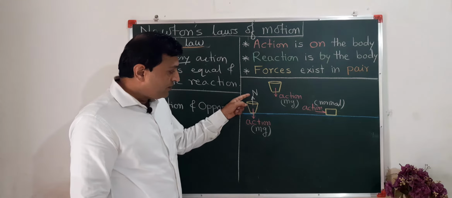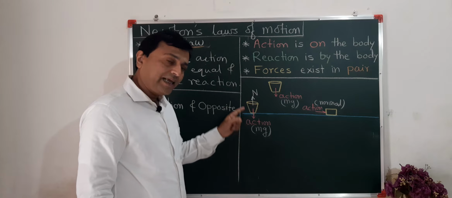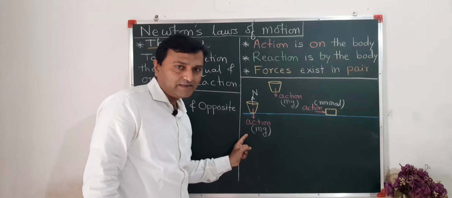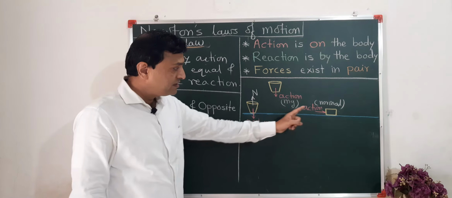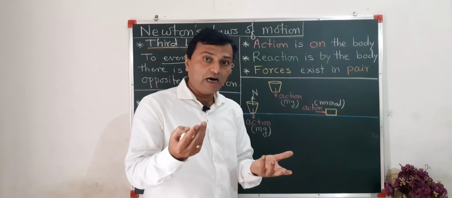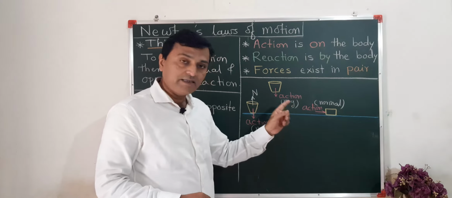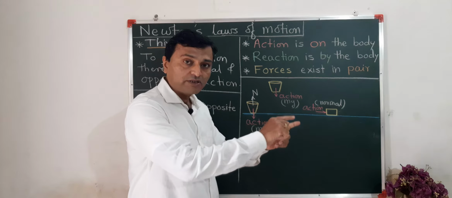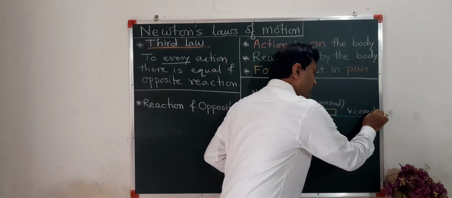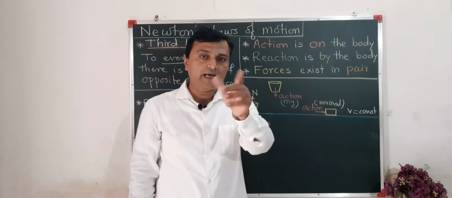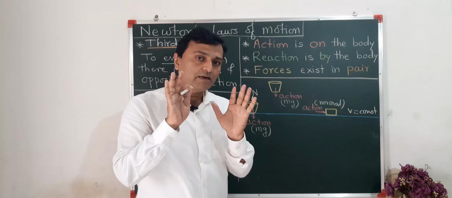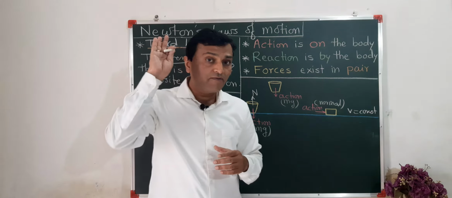Now, can this normal force be said to be the reaction force for this action force? Answer is no. In this case, the action force is towards the right direction. Where is the opposite force? Yes, there is an opposite force because it is moving with constant velocity. Suppose velocity is constant. If velocity is constant, you can say acceleration is 0. If acceleration is 0, then the resultant force must be 0, because we have studied in the first law.